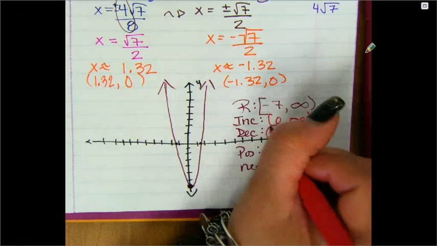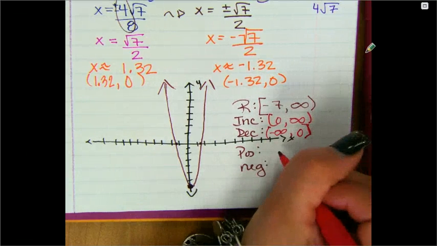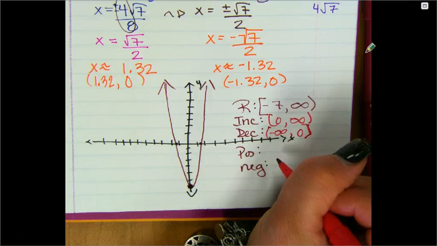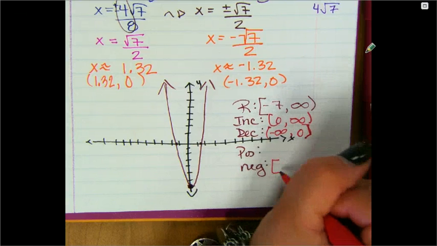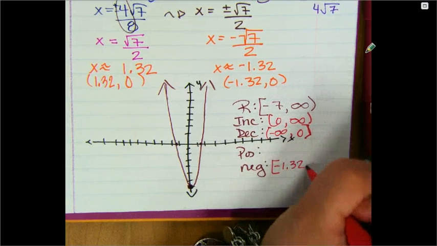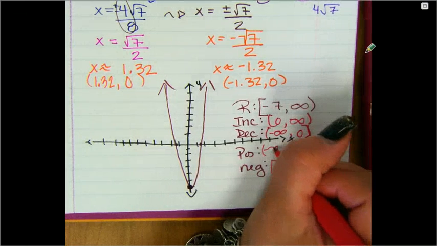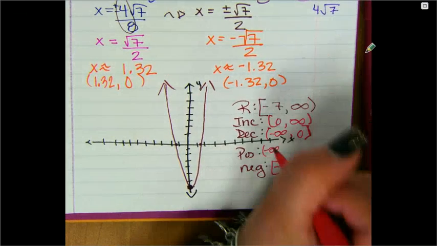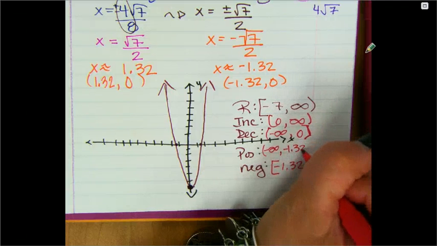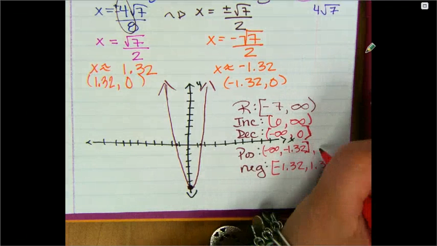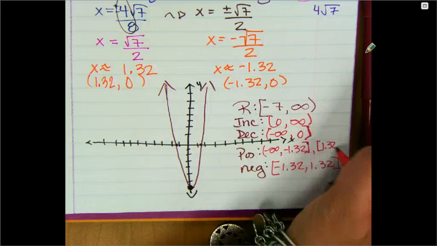Positive from where? That's your negative. Positive. And then from 2.